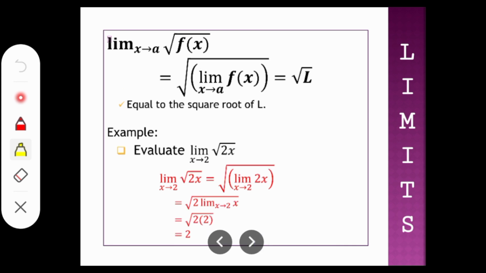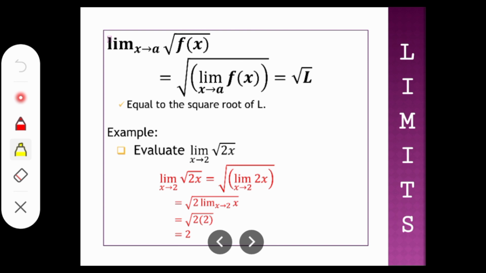And the last property we have is the limit of the square root of f of x as x approaches a, which simply equals the square root of the limit of f of x as x approaches a, which is equal to the square root of L. So let's have the example. Example E, evaluate the limit of the square root of 2x as x approaches 2. The limit is equal to the square root of the quantity of the limit of 2x as x approaches 2.